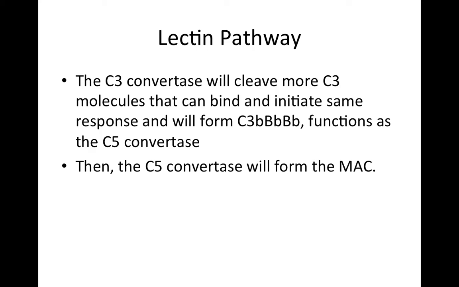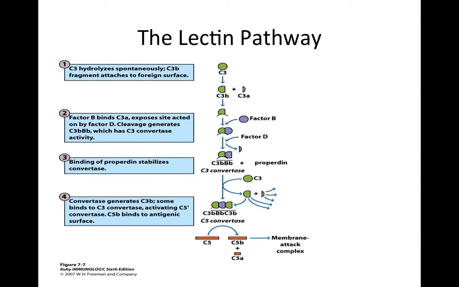But bacterial cells don't have an inhibitory protein, so when C3b bumps into those cells, it will bind and activate the alternative pathway.